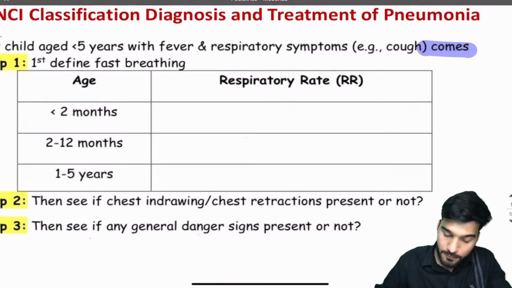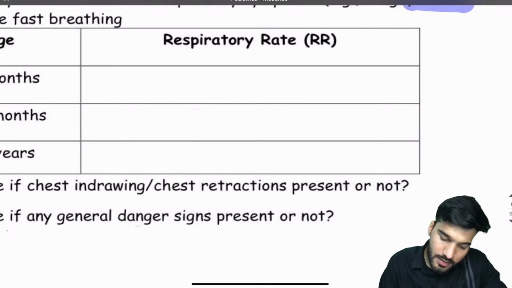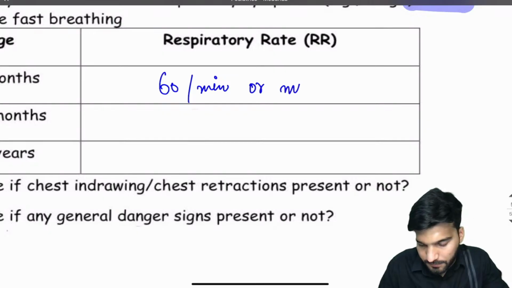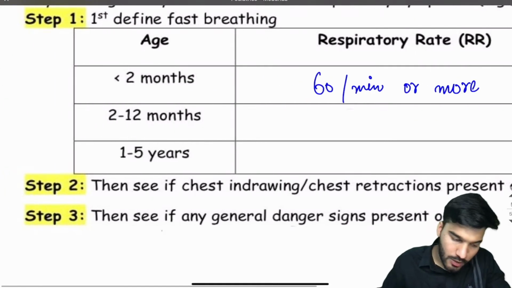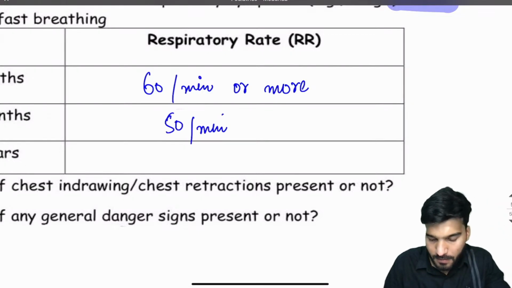What is the fast breathing respiratory rate? In less than 2 months, it is 60 per minute or more. For 2 to 12 months, it's 50 per minute or more.